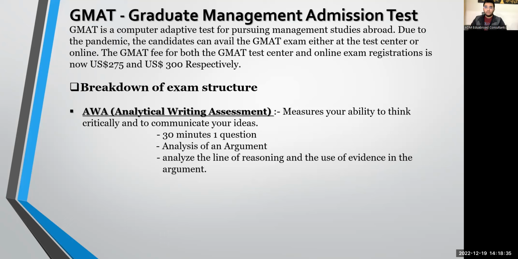In this section, you will be assessing how well reasoned the argument given to you in the question is, and it will measure your ability to think critically and communicate your ideas. The main point I wanted to mention is that it involves one question and it only has a 30 minute time limit.